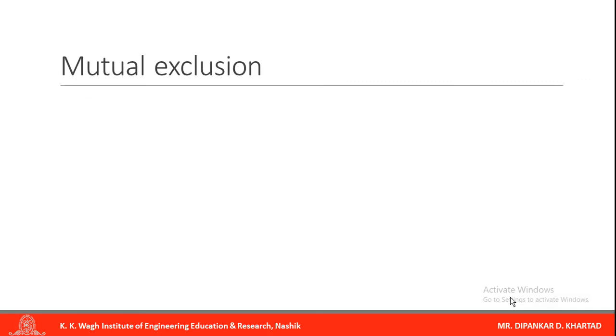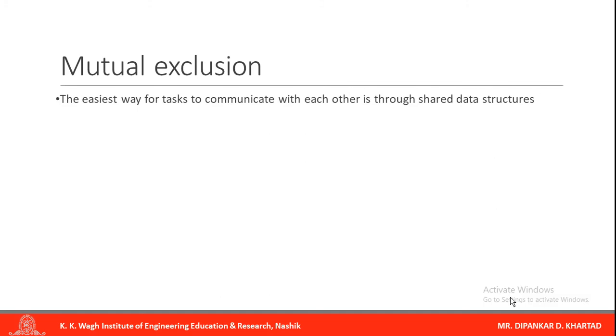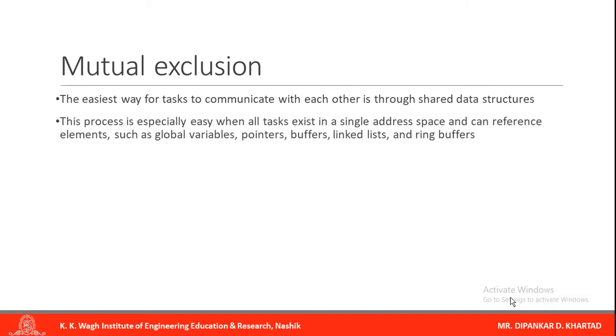Mutual exclusion. The easiest way for tasks to communicate with each other is through shared data structures. This process is especially easy when all tasks exist in a single address space. This is important.